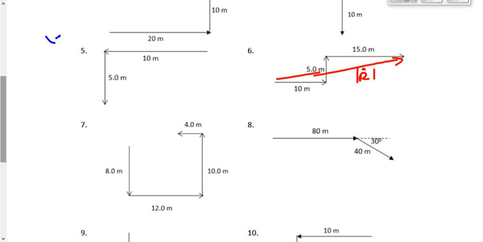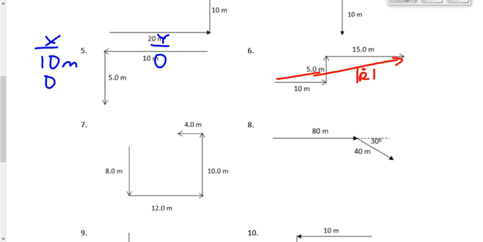So for number 6, the x component of the first vector: how much of that 10 meters is x component? All of it, 10 meters. How much of that 10 meters is y component? None of it. The next one, 5 meters. What is the x component of the 5? It's 0.